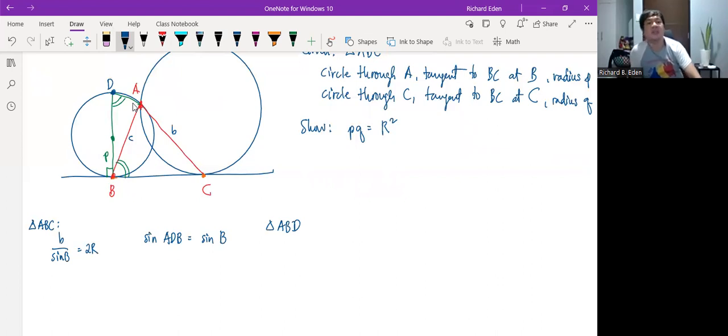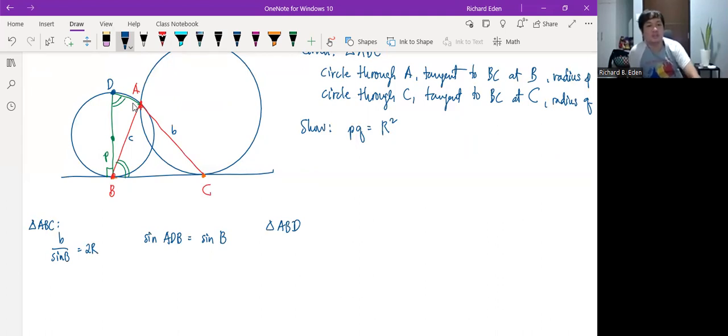Small p is the circumradius of, if it is going to be a circumradius, then we need a triangle in the left circle. So in case you're wondering, paano ko naisip na iguhit ang point D? Kasi gusto nating subukan ang extended law of sines, where small p is the circumradius.